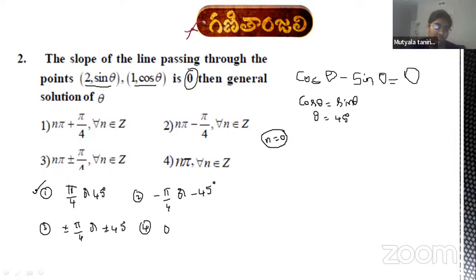In the beginning of slope, I told that the inclination range is 0 to 180 degrees only. And what is minus 45 degrees? You must know this point.